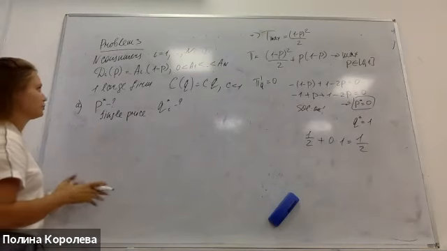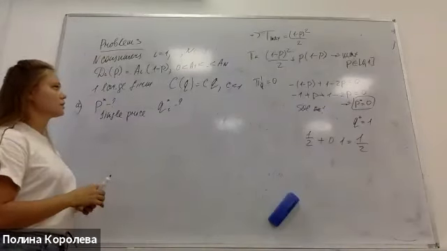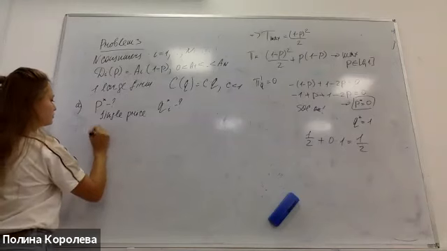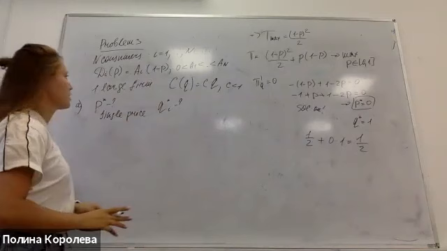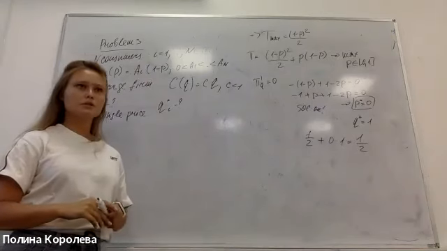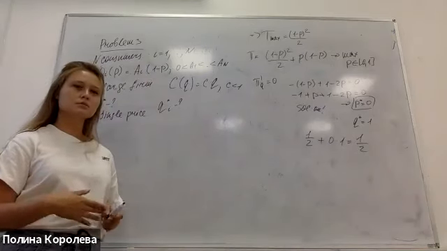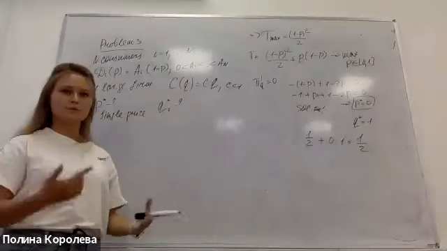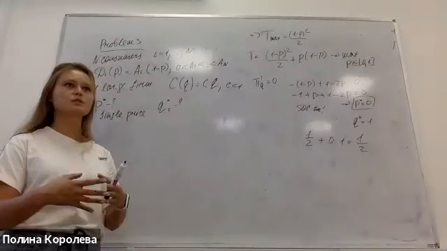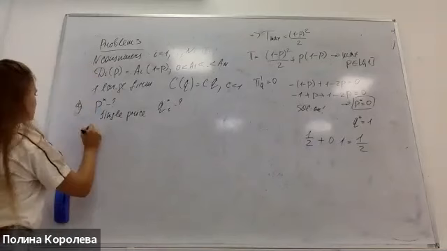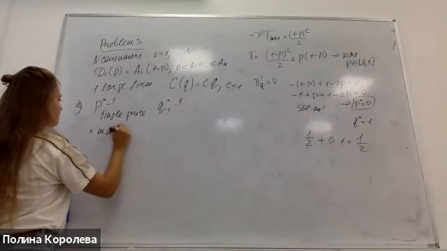So it's simple. Our large firm controls not individual demand but market demand. So our first step is to find market demand, to sum up all individual demands. So first, market demand.